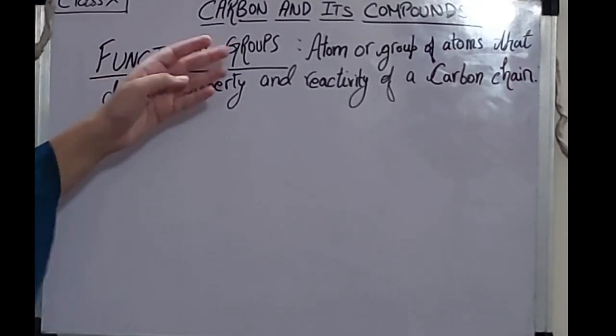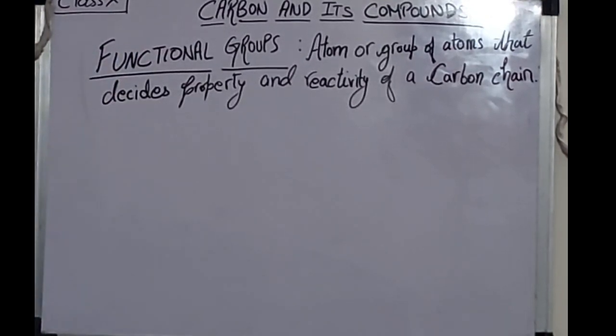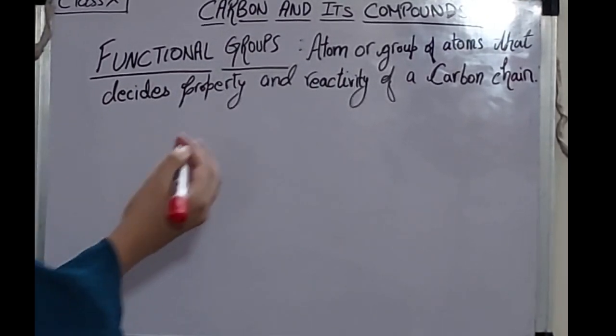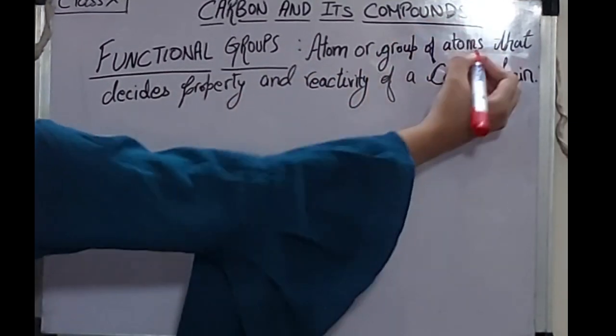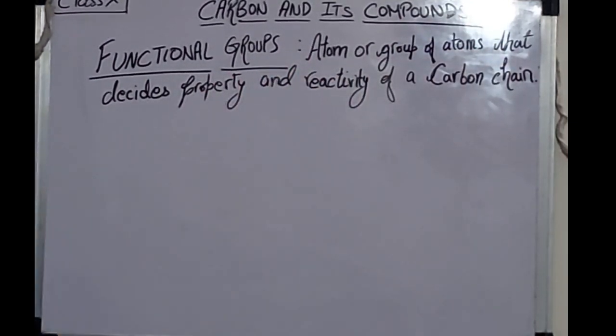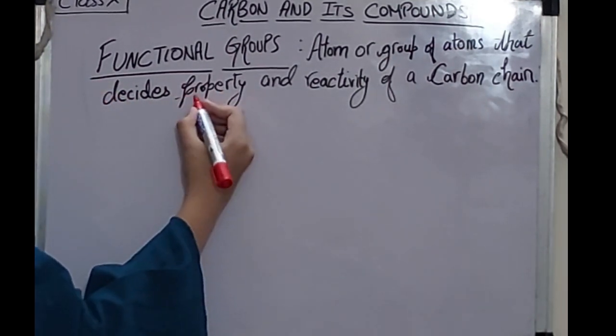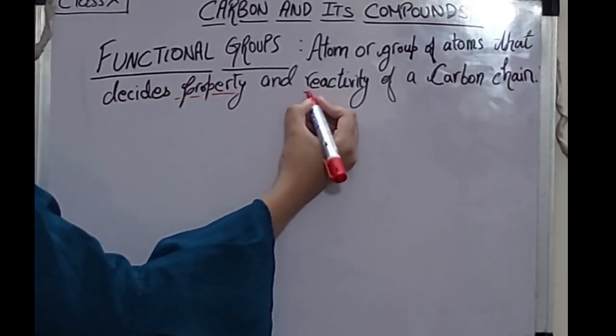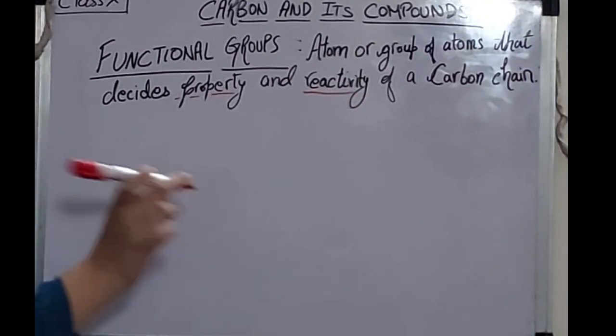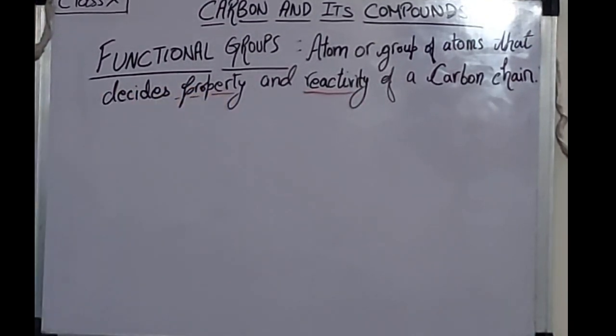So what are functional groups? It is the topic of the day first of all. So, atoms, a group of atoms. Atom is what you all know. I think I don't really need to tell you what an atom is. A group of atoms that decides property and reactivity. Now, these 2 points are very, very, very important.